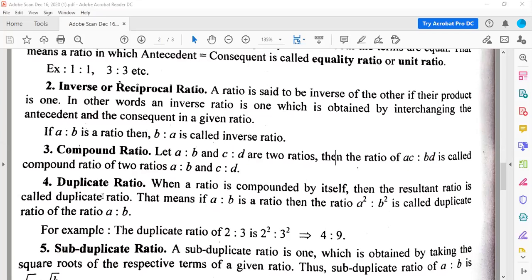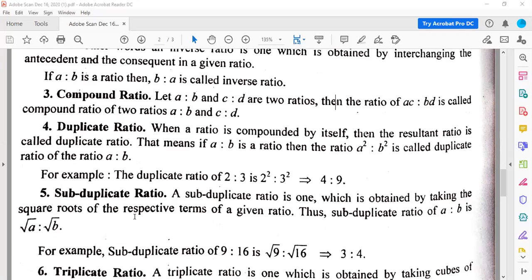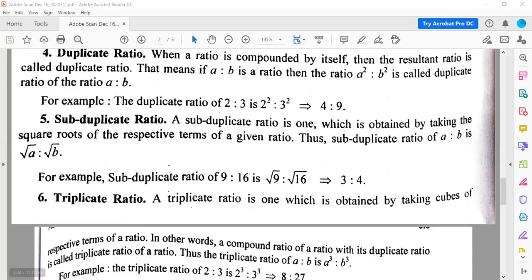Next is duplicate ratio. Whenever you square each element of the ratio, that is antecedent square is to consequent square, that becomes the duplicate ratio. Subduplicate ratio, whenever you find the square root of it, is called subduplicate ratio.